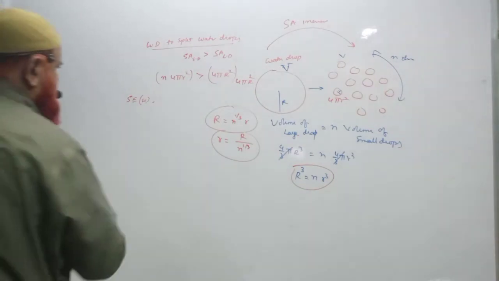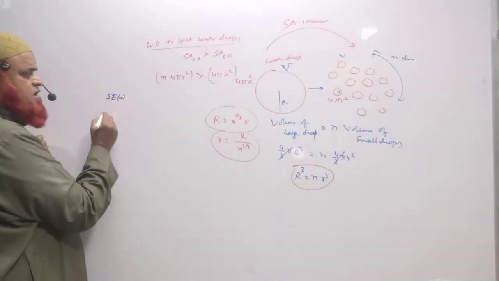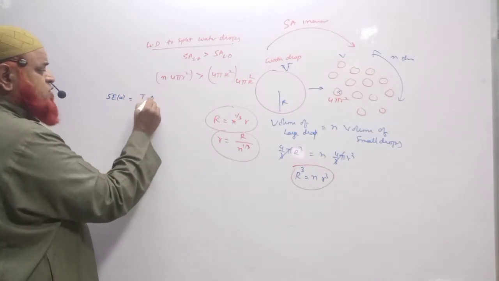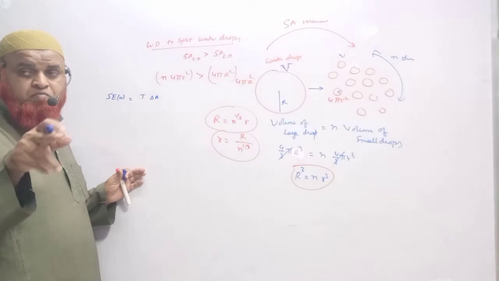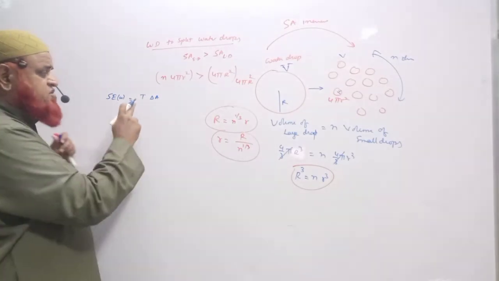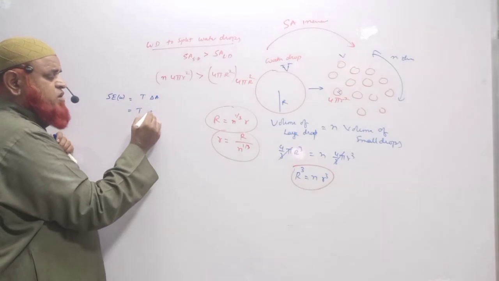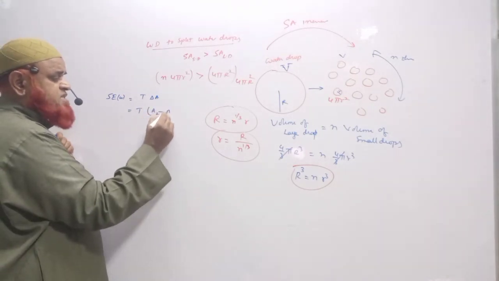Now, it is understood that surface energy, which is the work done for drops, here is tension into change in area. 2 into T is for soap, but this is water. So tension into change in area. So tension is T. Change in area means how much? A2 minus A1.